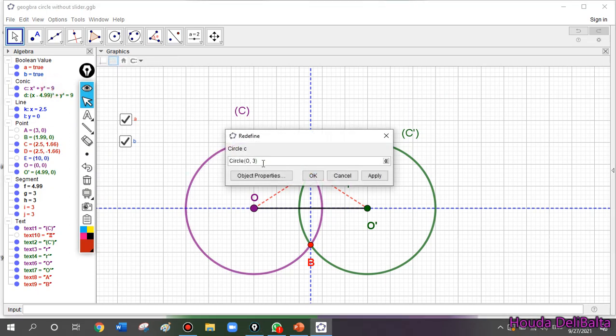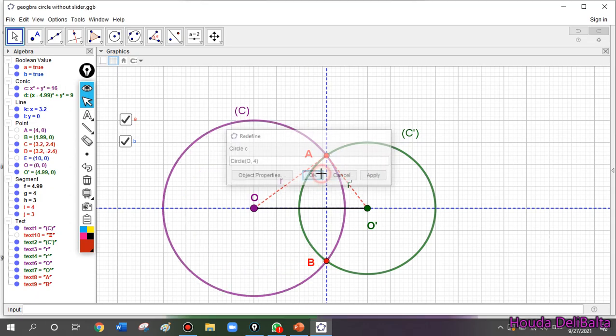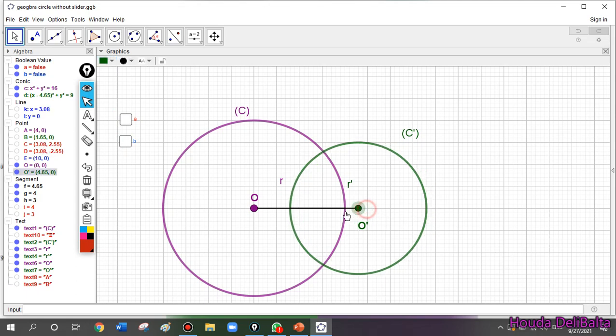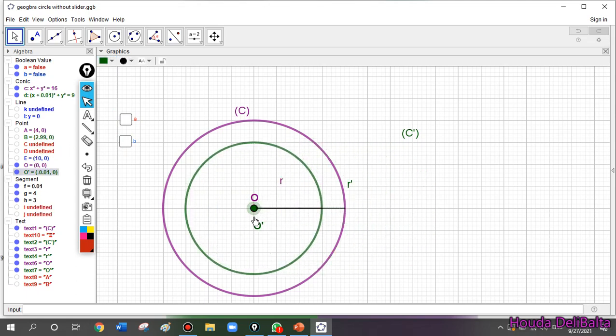Now we are going to talk about special kinds of circles. First of all, I'm going to talk about the concentric circles. Concentric circles are circles having different radii, but they have exactly the same center. So these are concentric circles.